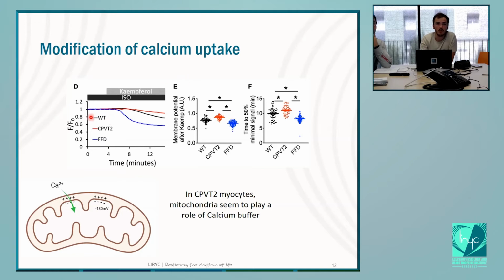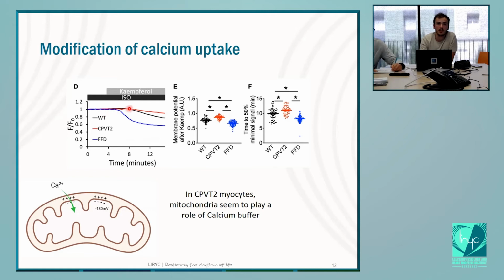What they found is that in FFD, the membrane potential decreased really fast, faster than in the other groups, which does not facilitate calcium entering the mitochondria.